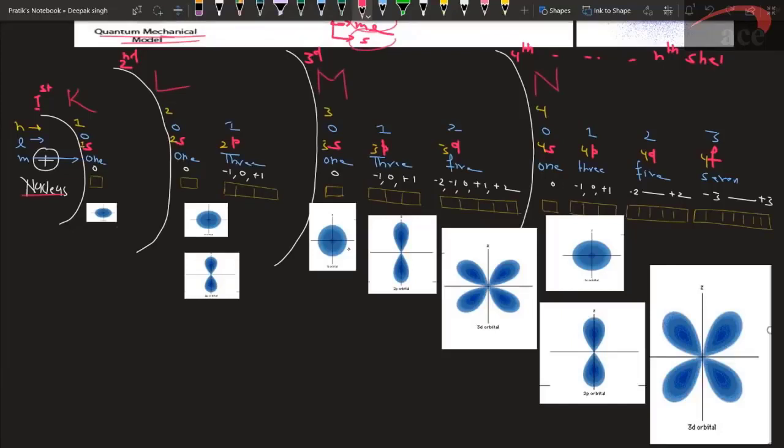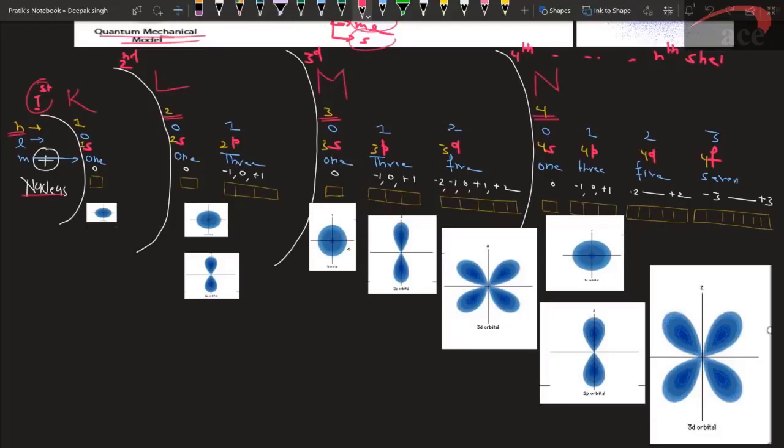For the K shell, the first shell, n, which is called the principal quantum number, is 1; for the L shell it is 2; for the M shell it is 3; and for the N shell it is 4. Let's talk about up to the 4th shell, though the atom consists of n number of shells.